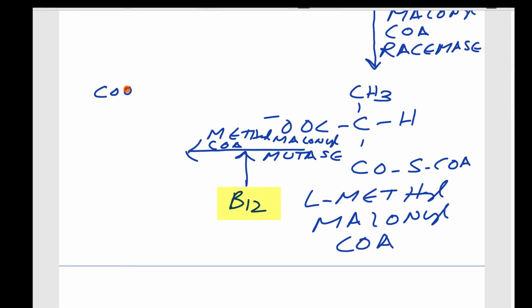This leads to formation of succinyl coenzyme A.